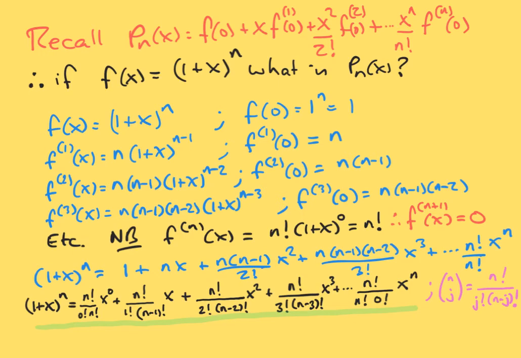So we see here that we have x to the 0 multiplied by the binomial coefficient n factorial over 0 factorial, n minus 0 factorial, so this is choose 0 from n, plus x to the 1, and then this is the binomial coefficient, choose 1 from n, and this is just our expansion.